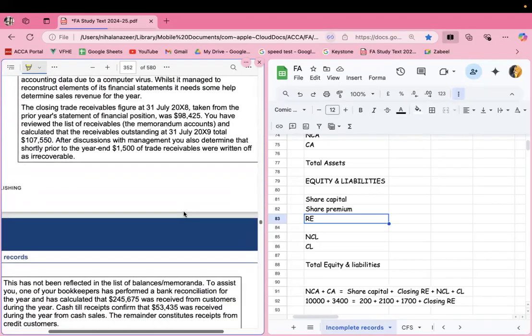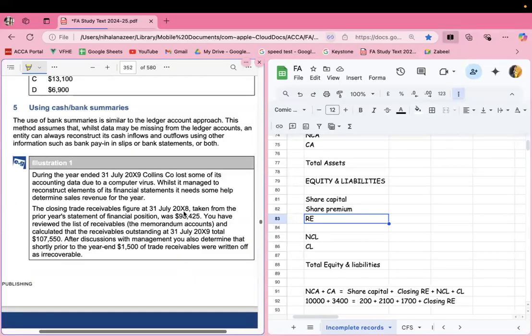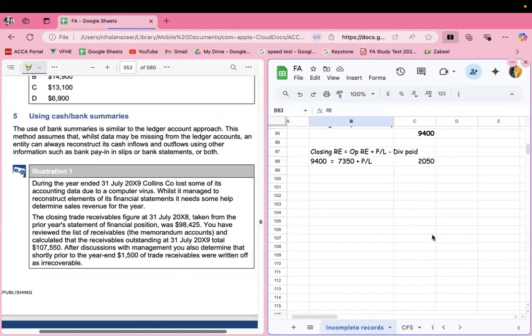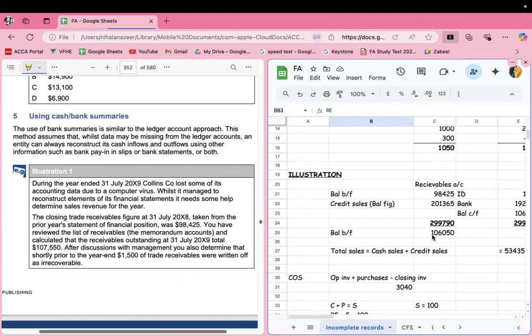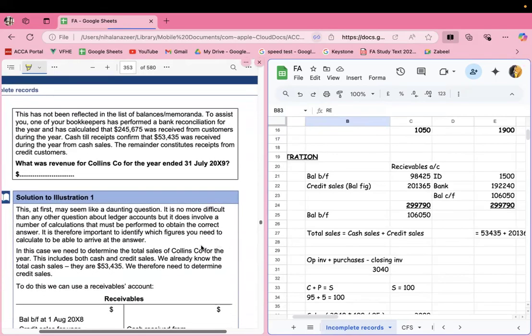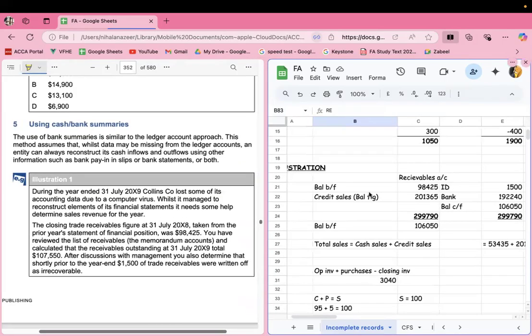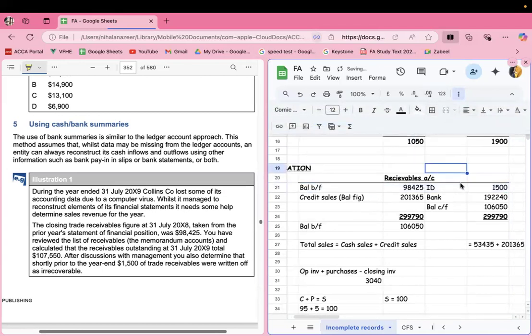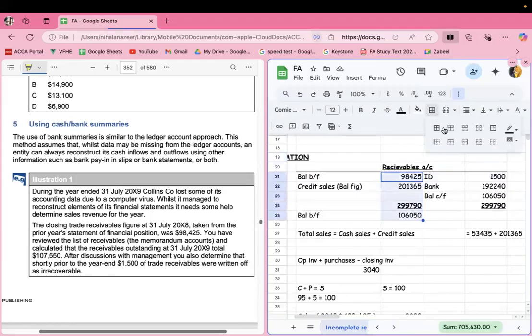Okay. Now, illustration 1. Okay, ready? So during the year 31st July 2009, Calling Company lost some of its accounting data, due to a virus.